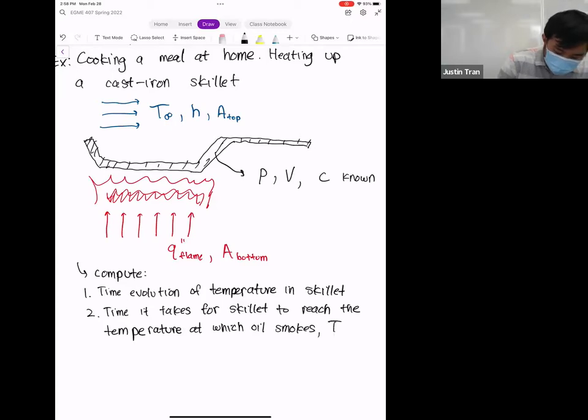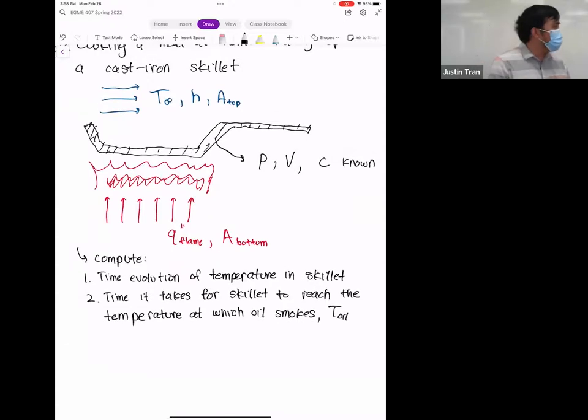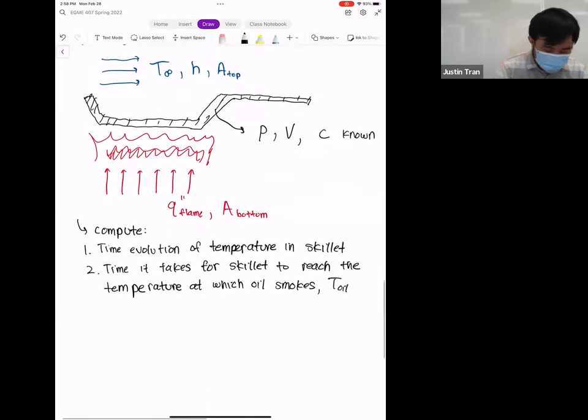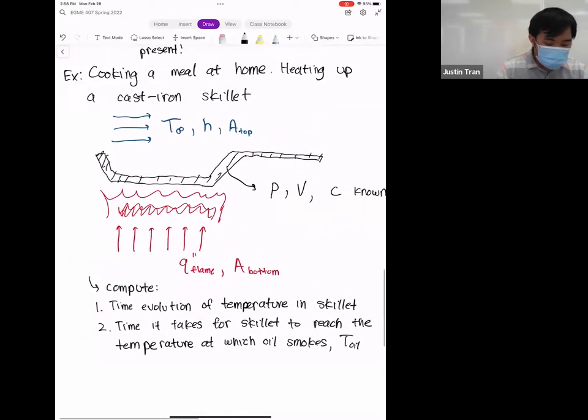We'll call that T oil. I'm going to do this entire problem with symbols, but of course you can plug in all the relevant numbers for all these things. Any questions on the problem setup?